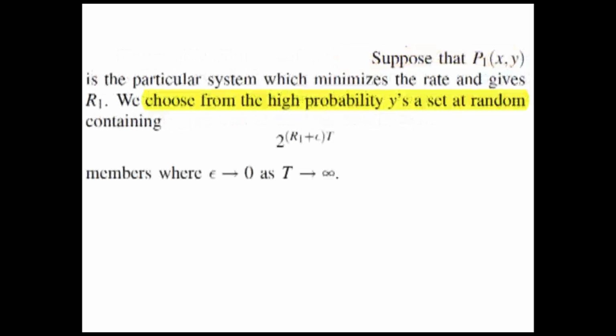And in fact, the achievability, even though he doesn't give us all the details, which he gives us 10 years later, it is clear that he already knows how to do it. And the key to doing that is using random coding. Now, in this case, the random code is going to be selecting a set of reproduction points sampled from the output distribution that corresponds to the joint distribution that minimizes the mutual information under the rate distortion constraint.